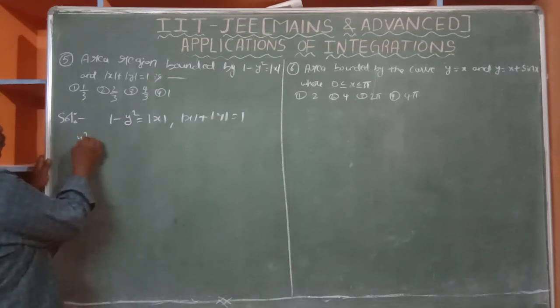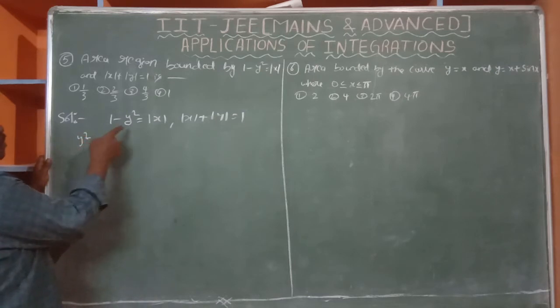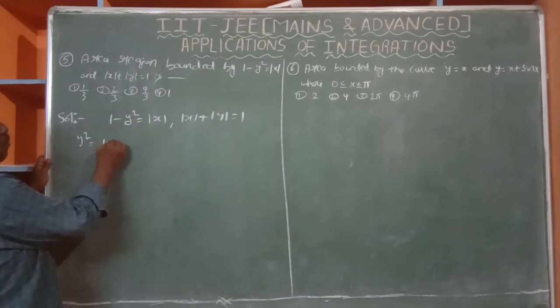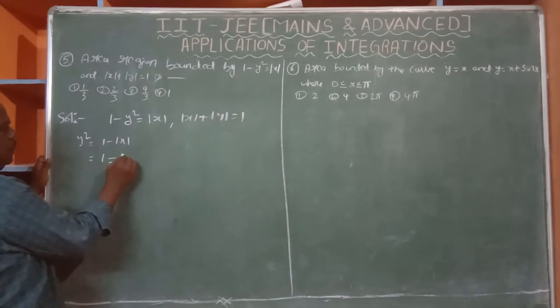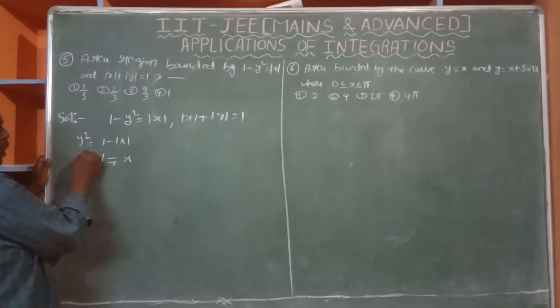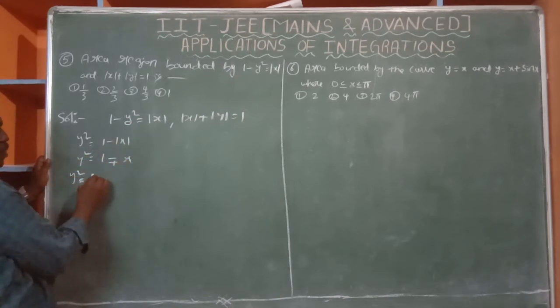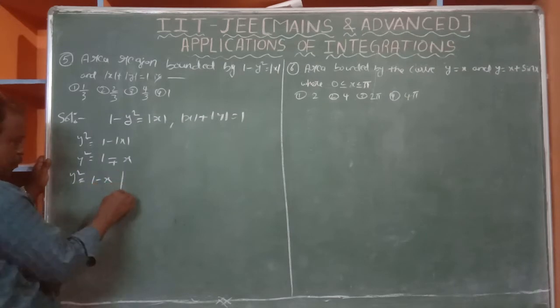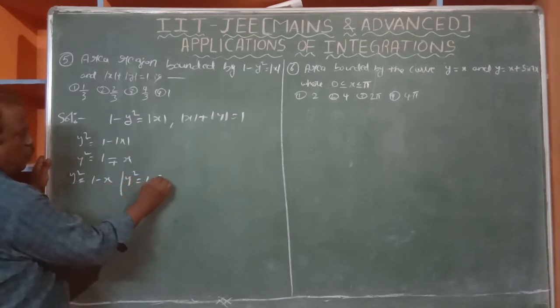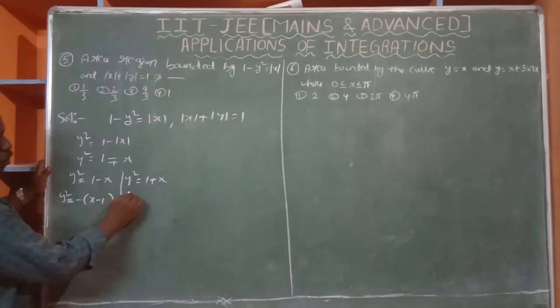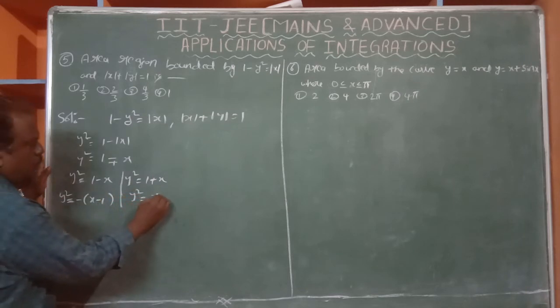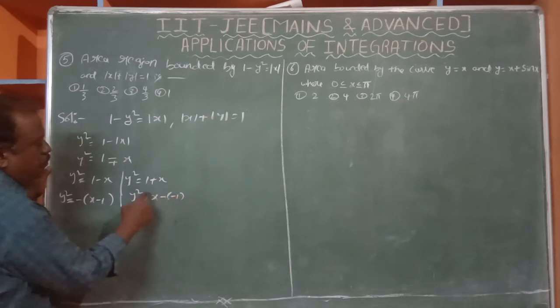This is y square is equal to 1 minus mod x, that is plus or minus x. So y square is equal to 1 minus x and y square is equal to 1 plus x. Clearly we can write y square is equal to minus of x minus 1, whereas y square is equal to x minus of minus 1.